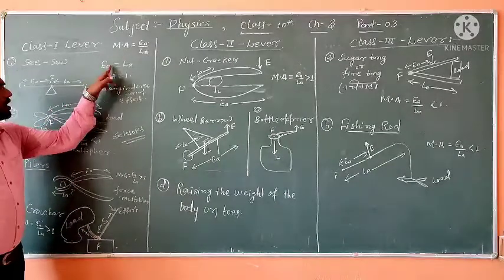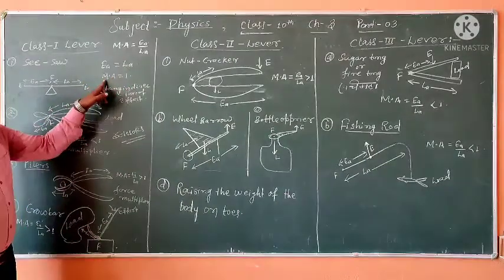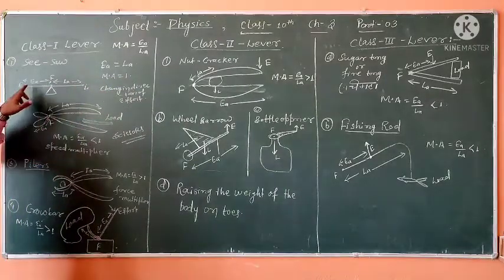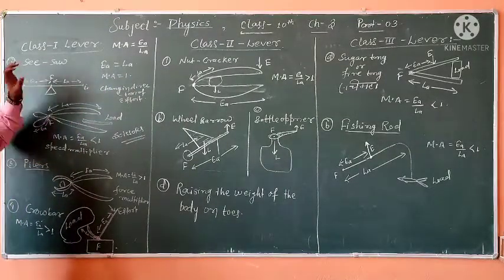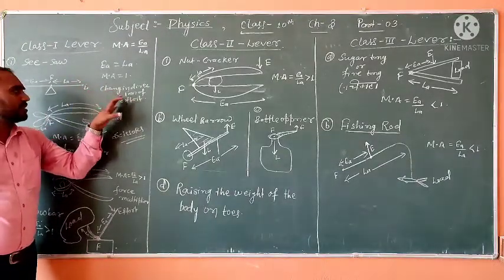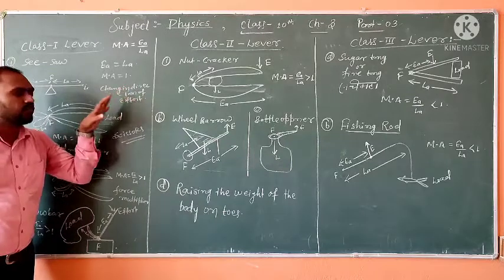As effort arm is equal to load arm, mechanical advantage will be equal to 1. It means the seesaw is a lever which will act as what type? Direction changer, change in direction of effort.